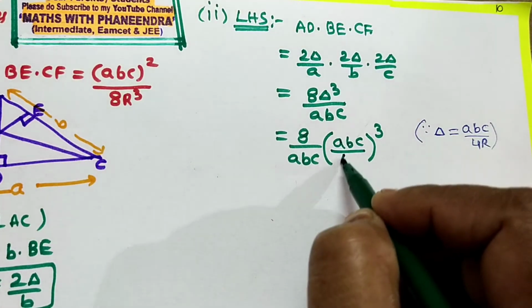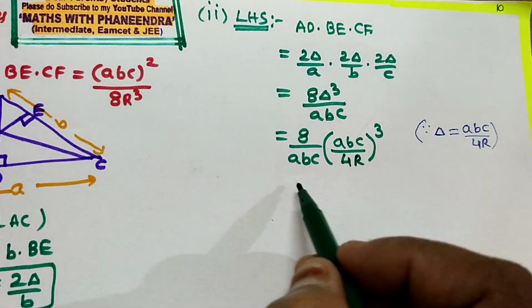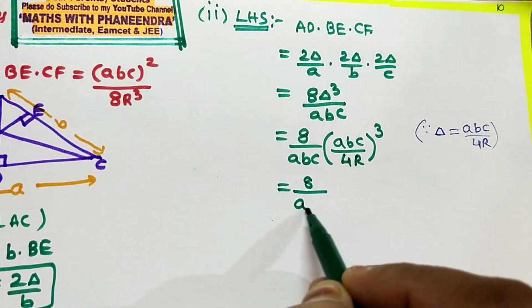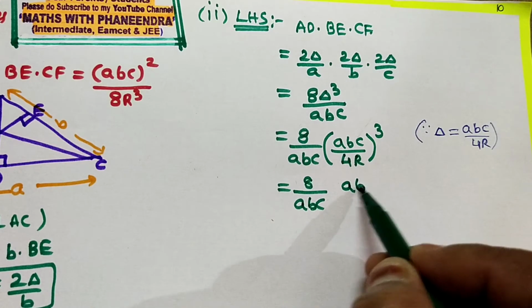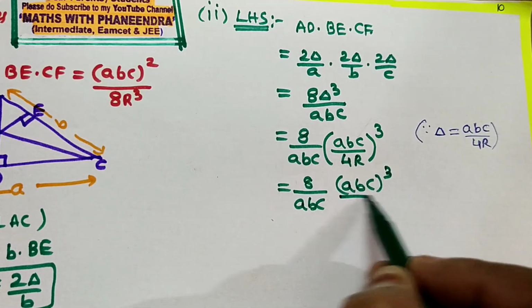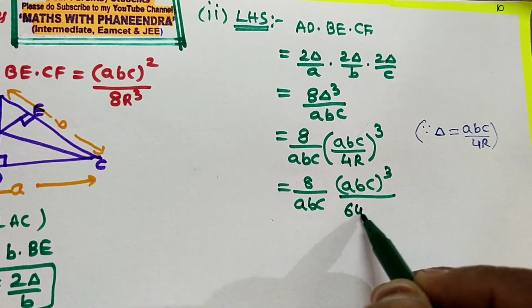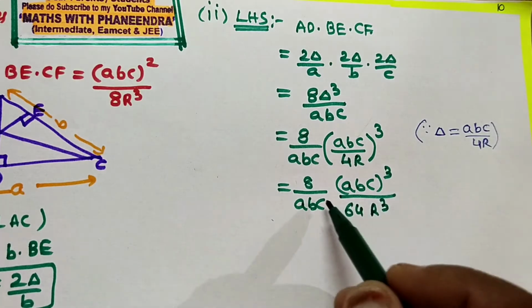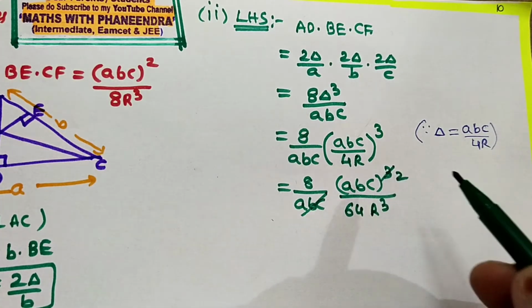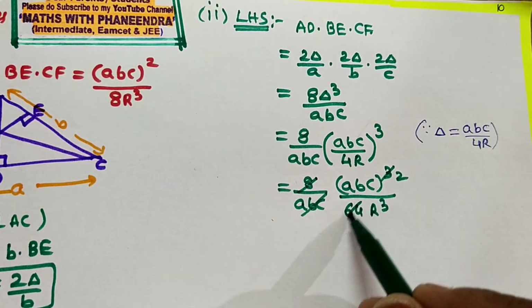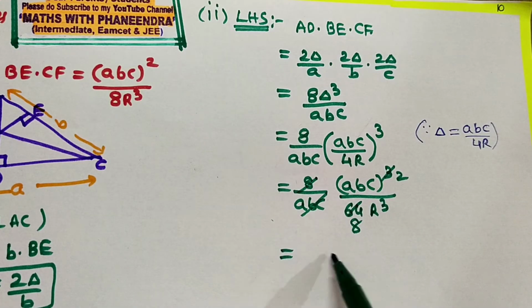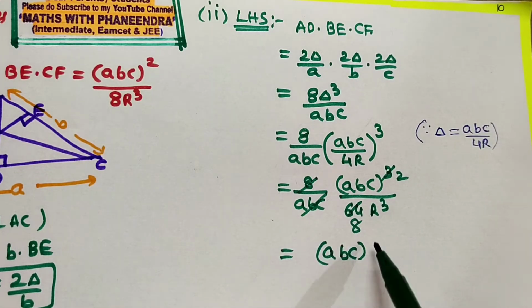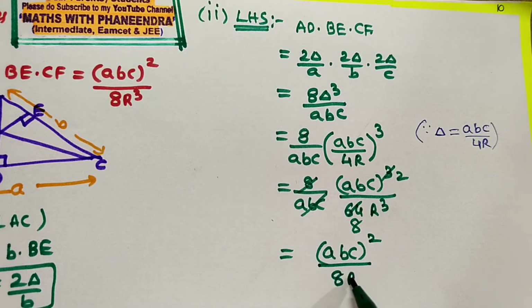Now 8 by abc, abc whole cube divided by 4 cubed, which is 64, into R cube. One of the abc's gets cancelled, the square will come, and 8 ones are 8, 8 eights are 64. So it is equal to abc whole square divided by 8R cube, which is the required RHS.